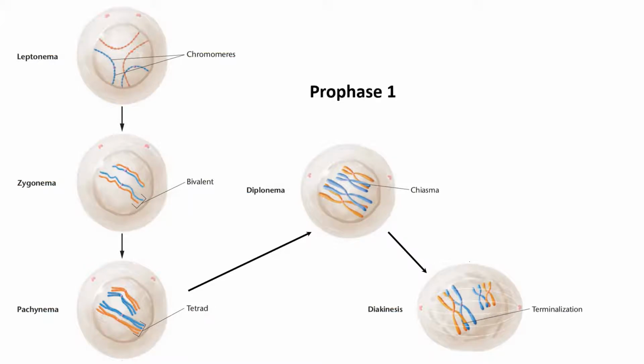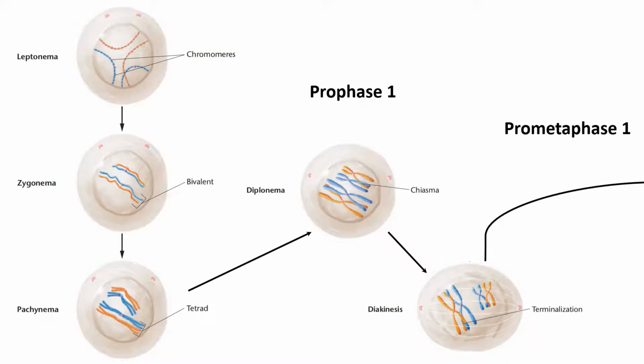Now take note, this is prophase 1 because there's actually a part 2 which also has a prophase. Now after diakinesis, with homologous pairs staying with their homologs, as we see here, they will then slowly travel towards the equatorial plane or the metaphase plate of the parent cell.